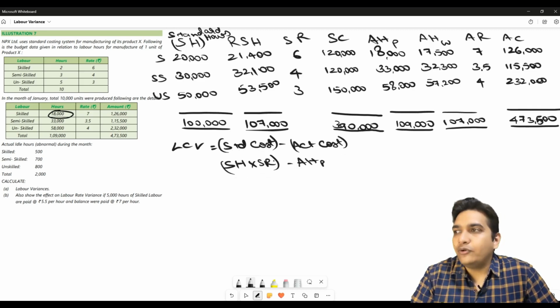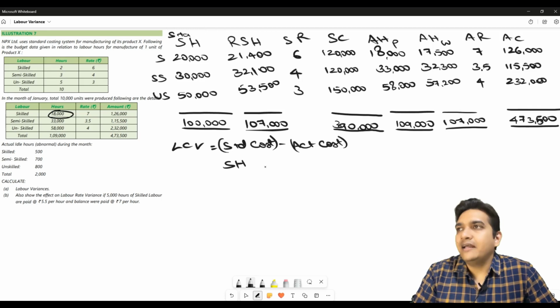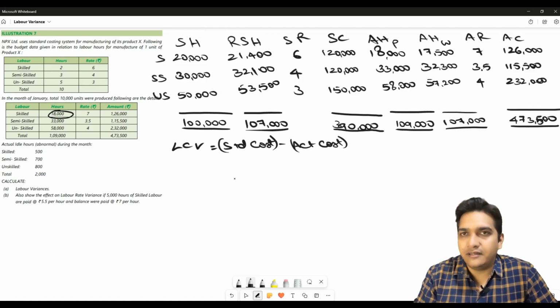And you don't have to write the formula every time. So say for example, when we are computing the labor cost variance, you write the formula once, then you calculate for skilled, you calculate for semi skilled, you calculate for unskilled. And again, skilled you have to write completely. You just cannot write S and hope for 100% of the marks.